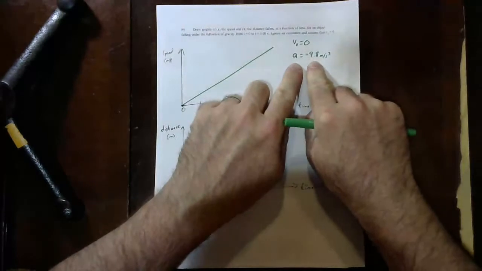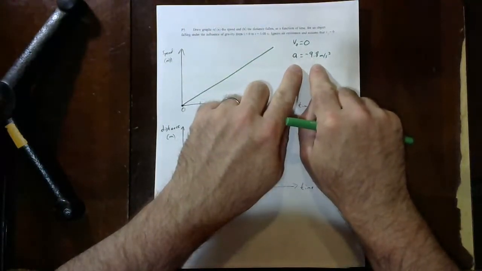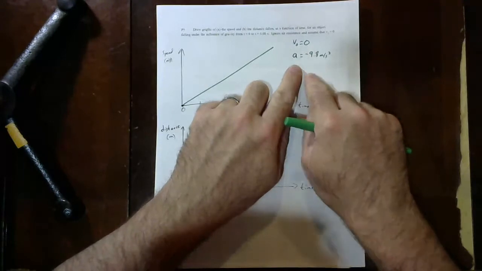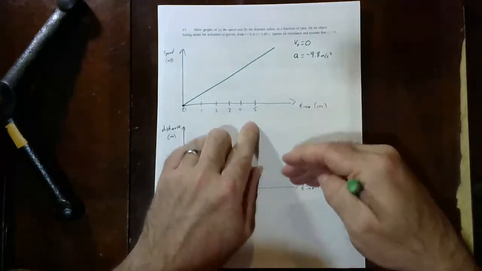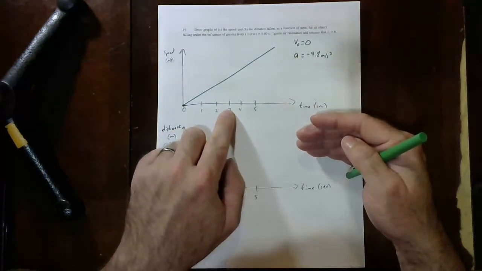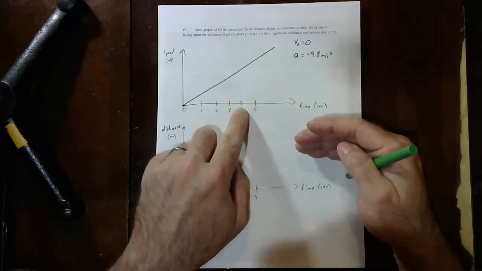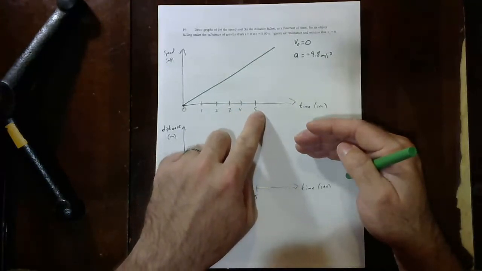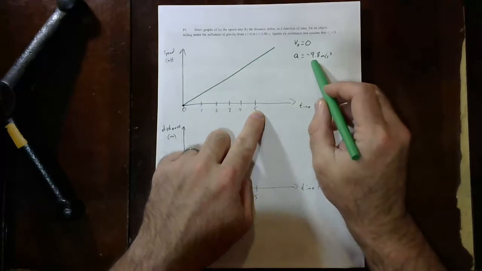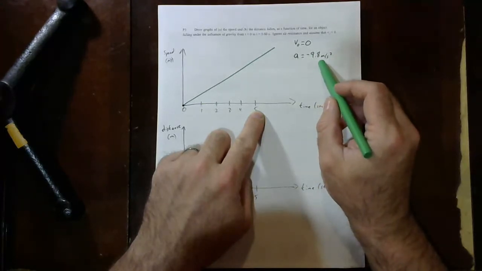Now, this 9.8 means every second we are going to subtract 9.8 from our velocity. So 9.8, we want to go for 5 seconds. So 9.8, 19.6, 29.4, 39.2, 49. Is that right? Wait, 5 times 9.8: 5 times 9 is 45, and 5 times 0.8 is 4.